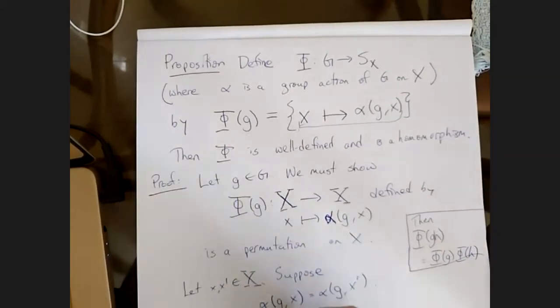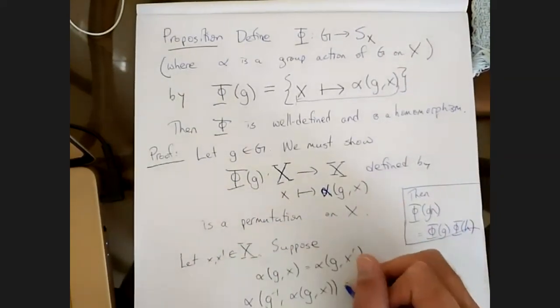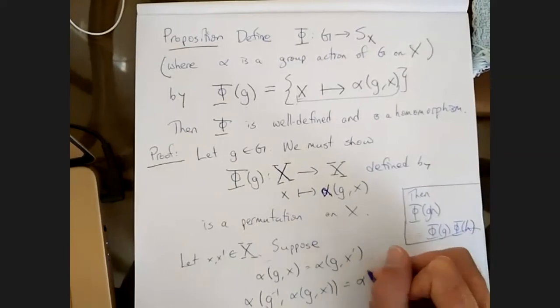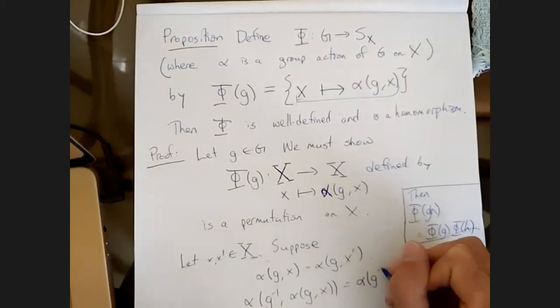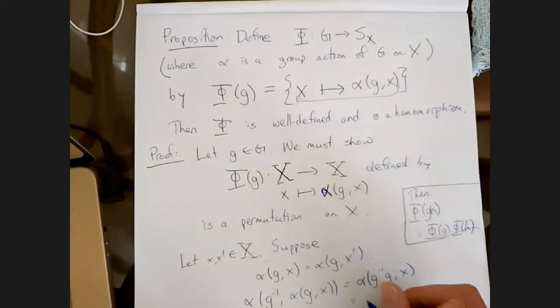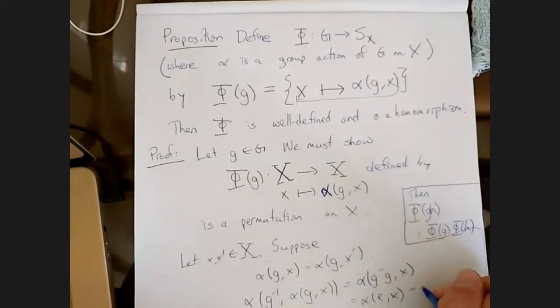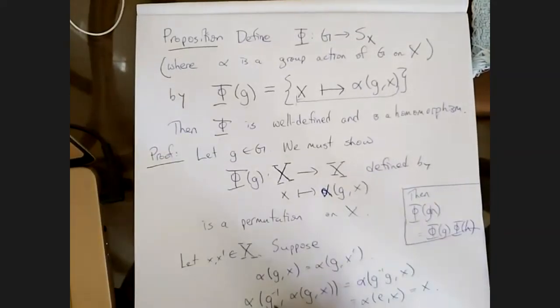If you let g inverse act on the left-hand side, the associative law tells us this is just alpha g inverse g acting on x. g inverse g is just the identity, and e times x is just x. So on the left-hand side, you get x. If you let g inverse act on the right-hand side, you just get x prime.